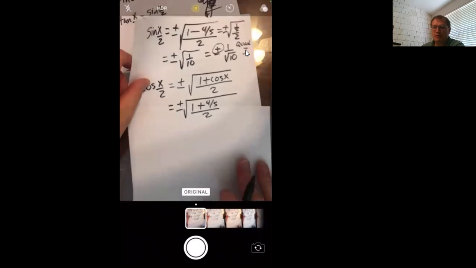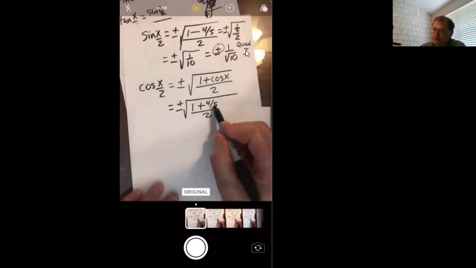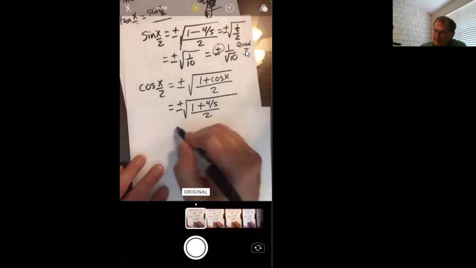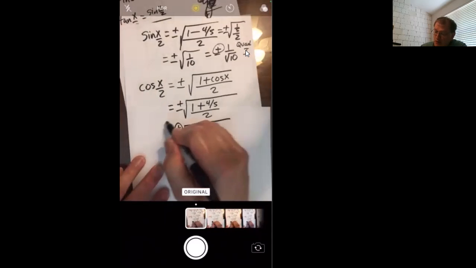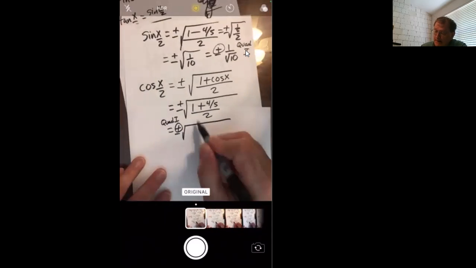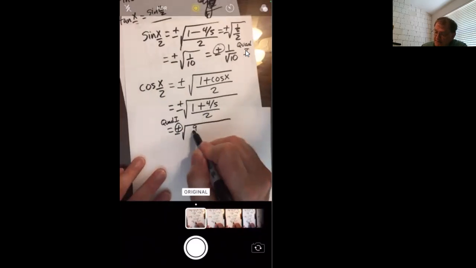All right, well, that will be 1 plus 4/5 plus 4/5 is 9/5. Again, it'll be positive, quadrant 1. 5/5 plus 4 is 9/5 over 2.